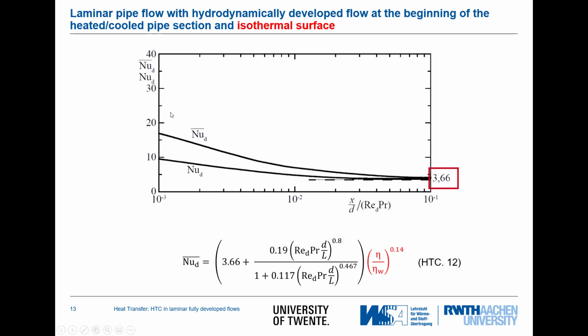The same image can now be drawn for different cases. The cases before showed the case of the constant heat flux, but we can also look at a constant isothermal temperature.